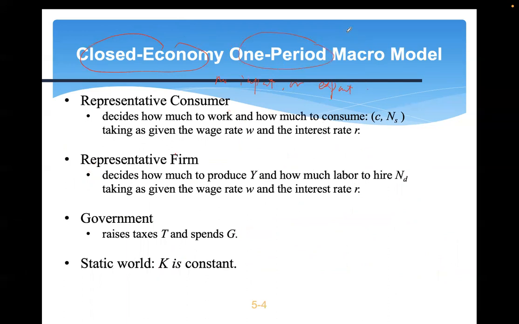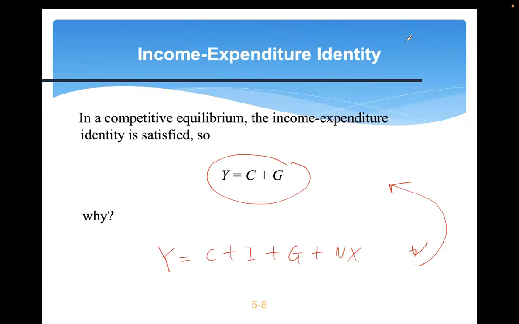One period means no saving. If you understand this, now we go back here. In this model, which is closed and one period, this is going to be 0, and this is going to be 0. Hence, we reach this one. This is the first way to understand.